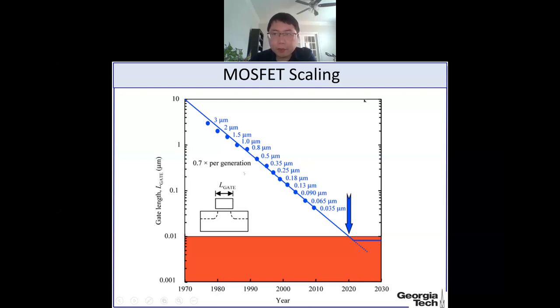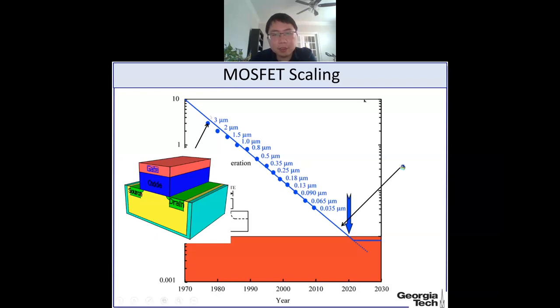And if you want to visualize the scaling, here we show the transistor structure proportional to the scale. So this is at 3 micrometer. You have this kind of transistor in this kind of dimensions. And today, I think this is around the 14 nanometer node, the transistor is as small as this.